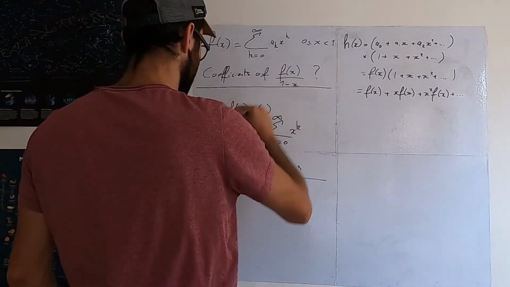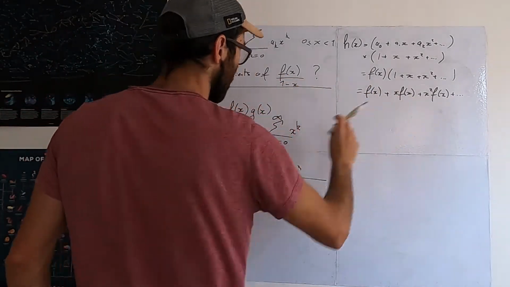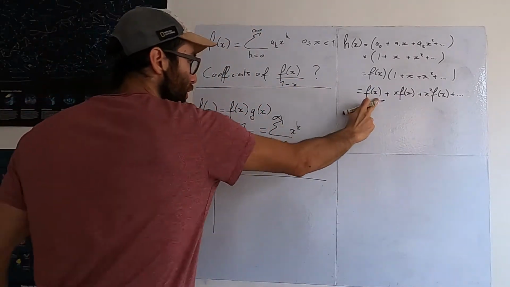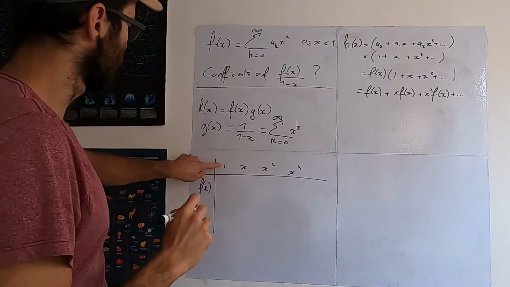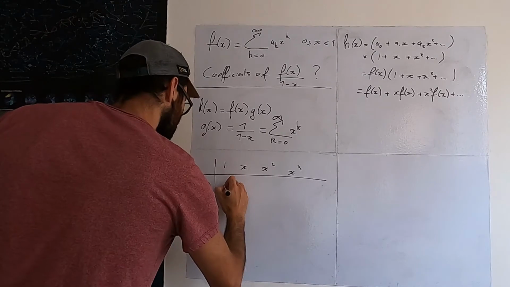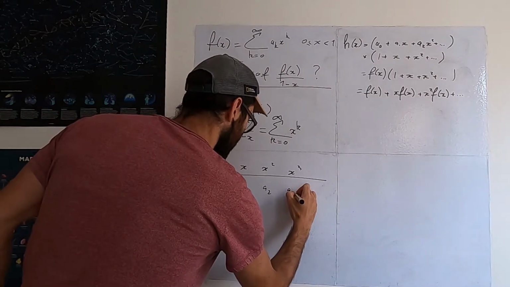And we can write h as the sum of all of these terms. So the first term is f(x). For f(x), the coefficient in front of 1 is a_0. In front of x is a_1, a_2, a_3, etc.